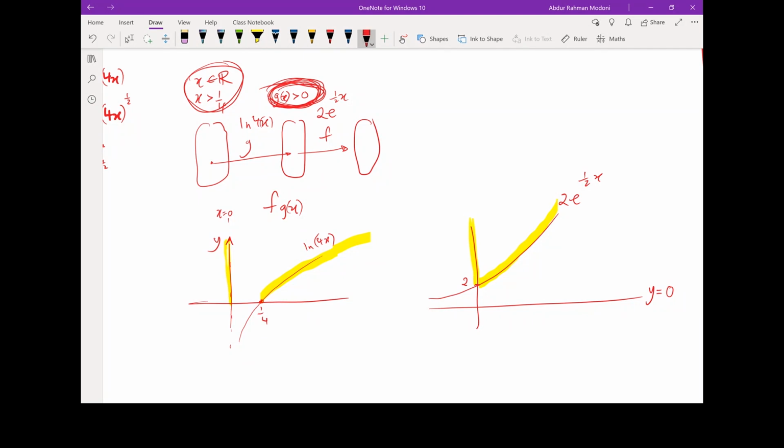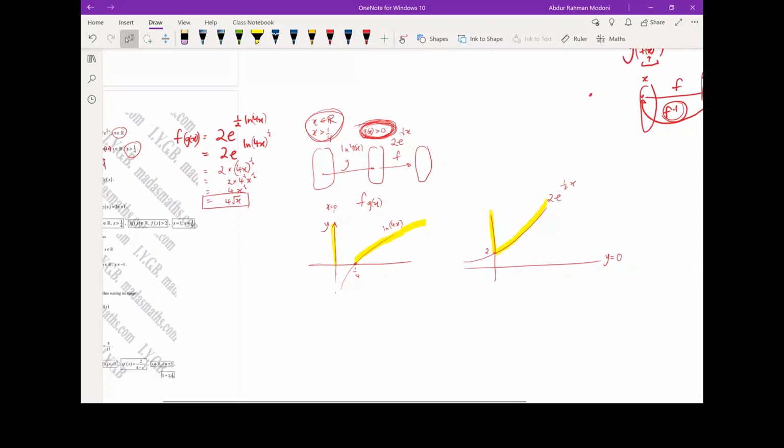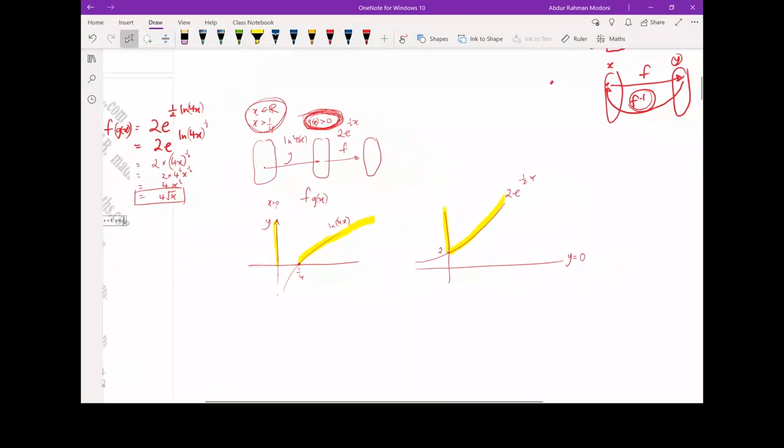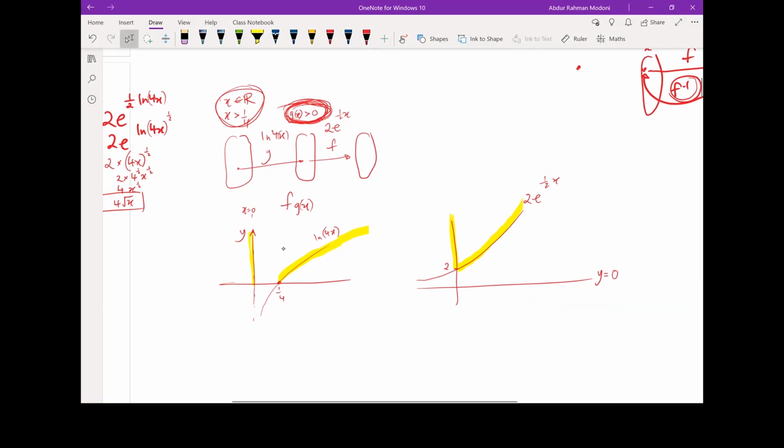everything greater than 2. So what does that mean for my range of this composite function? Well, for that input, I got this output for g of x, which became the input of f of x, which then meant my output for fg of x, I should say, will be everything greater than 2, its range.